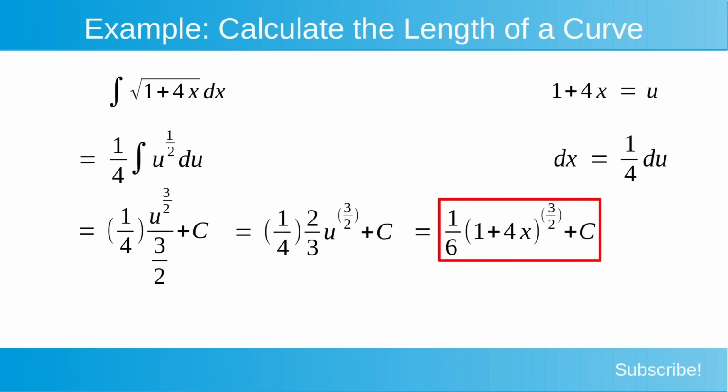Shown here highlighted is the set of all antiderivatives of the square root of 1 plus 4x. What we want is one antiderivative, which we can use to evaluate our definite integral. One antiderivative is currently shown highlighted here. This is the one antiderivative that we're going to use to solve our definite integral.